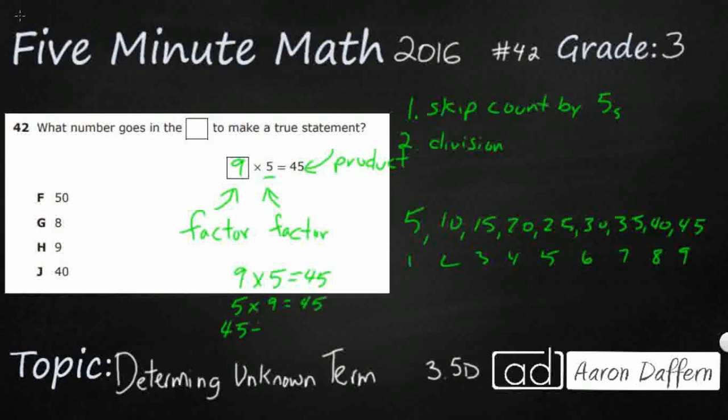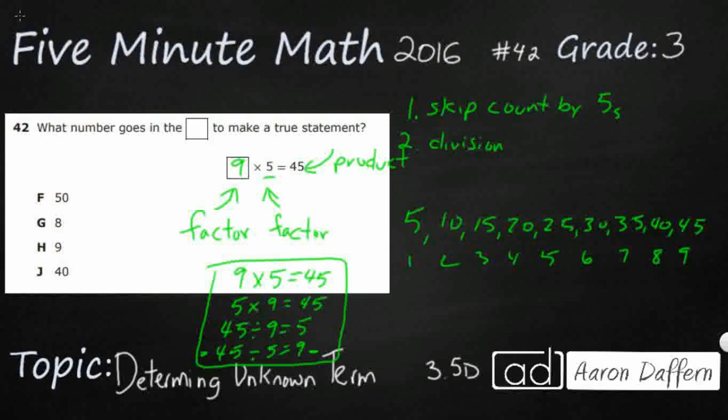We could say 45 divided by 9, or we could do 45 divided by 5. That's our fact family there, those are 4 related facts. Let's see if this is correct: if I divide 45 by 5, I'm going to get 9.